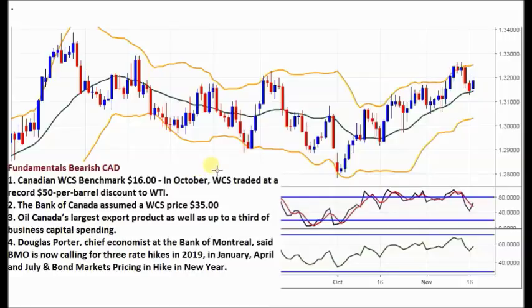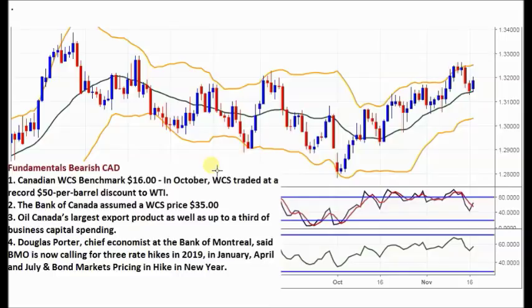For new viewers, we very often do intermarket analysis when we do analysis of Forex pairs. A good example would be yesterday's video on the Japanese yen, where we were really looking at the bond market as being bullish for the yen. Here I want to look at commodities as well.